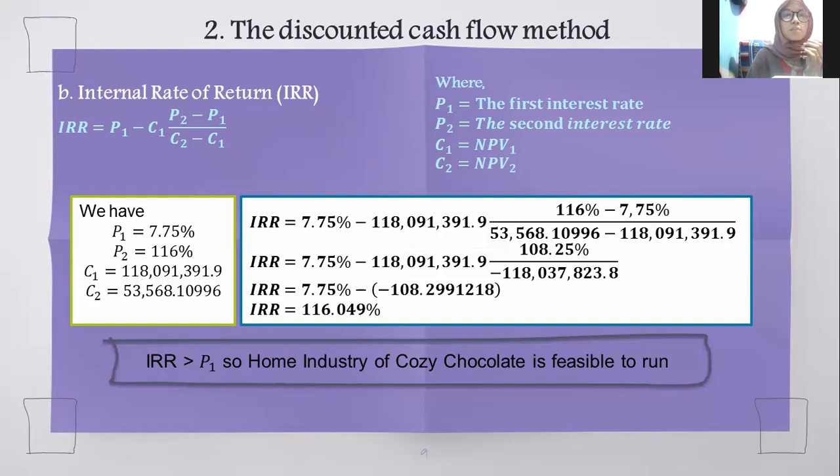After we get P1, P2, C1, and C2, then we input them in the formula of IRR. Then we can see in the picture that we get IRR equal to 116.0048%. So for the conclusion, IRR is greater than P1, so home industry of cozy chocolate is feasible to run.